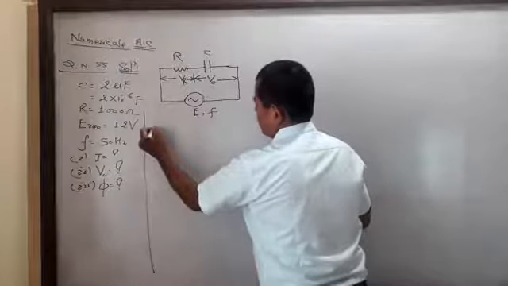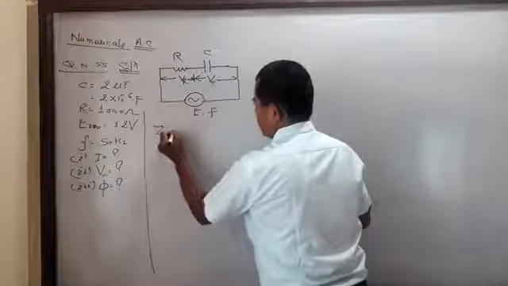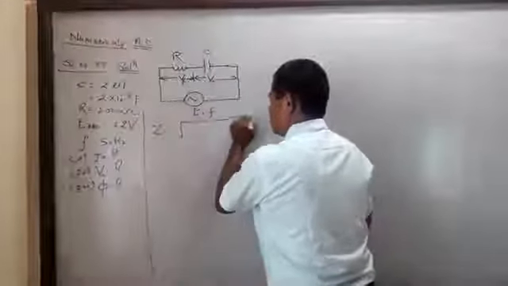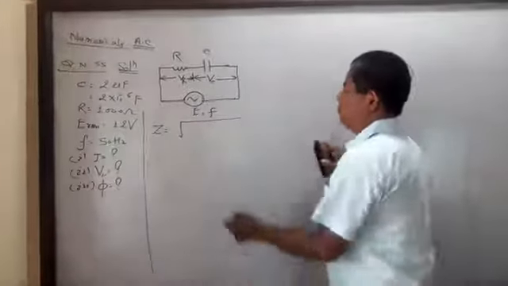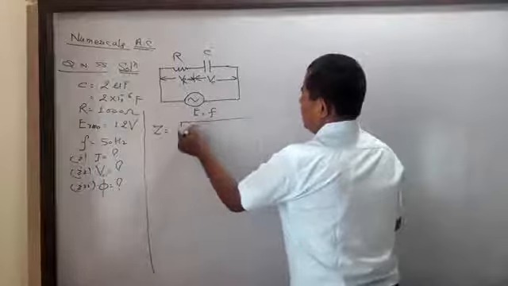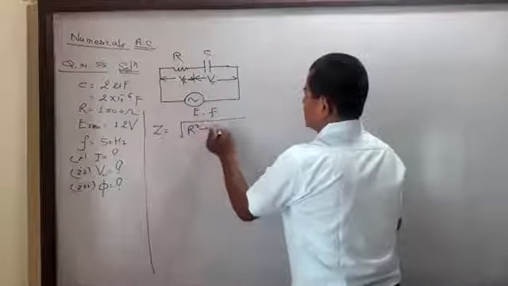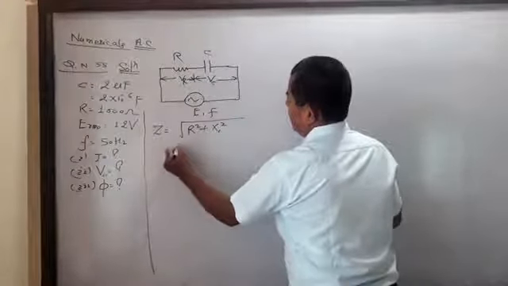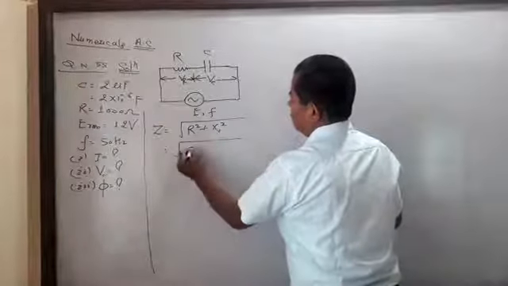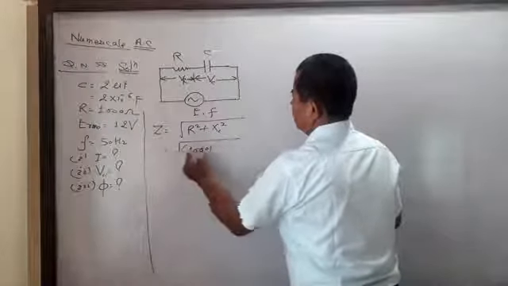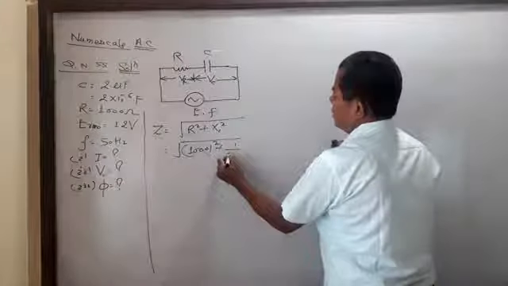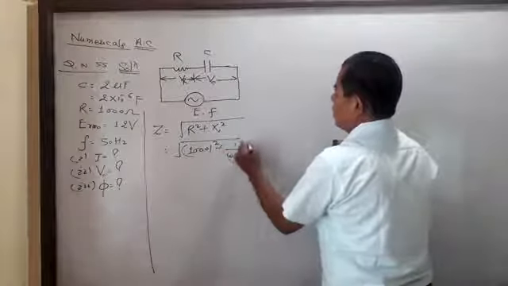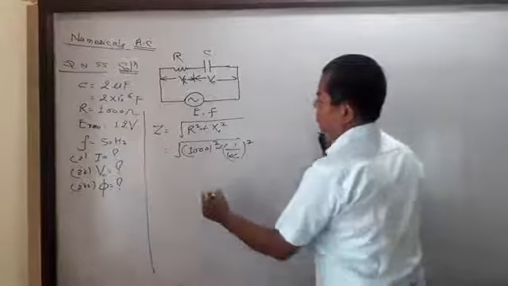First, we will find the impedance, Z, the total resistance of the circuit. Z is equal to root under R square plus XC square. R has value 1000, whole square, and XC has value 1 by omega C, whole square.